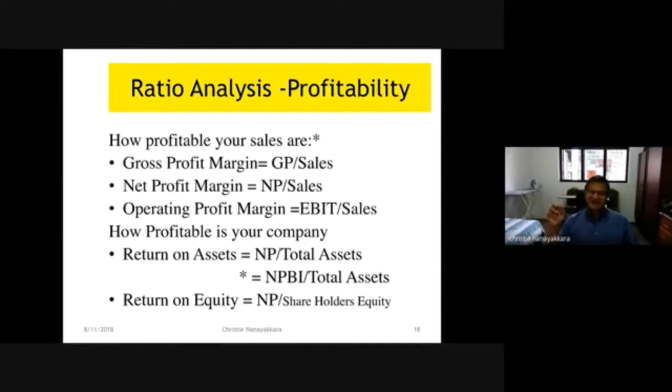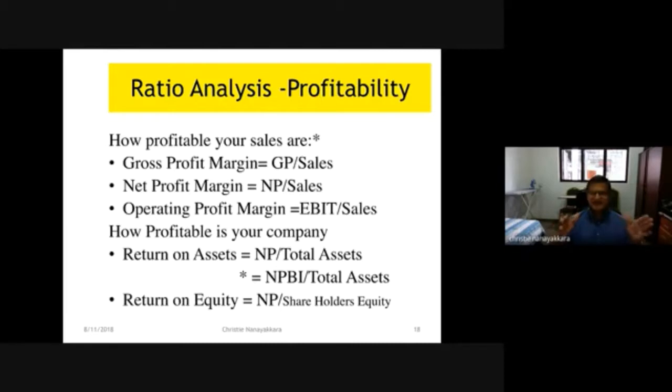Now, I told you that profitability is about his sales, which is from his income and expenditure statement. But that doesn't tell whether the company is profitable. It tells that the items he sells are profitable. To make your company profitable, we have another area to look into. We call it return on assets.